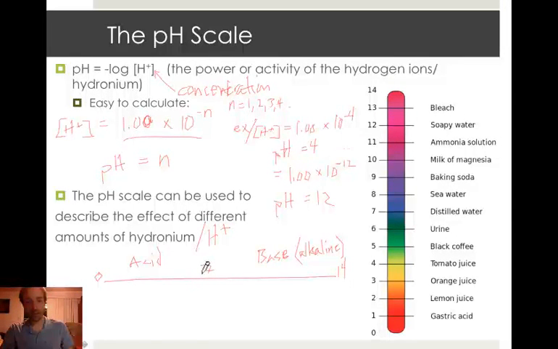Okay, and then what I'd also like you to do is mark the middle as neutral, and then finish up by marking some examples of substances that are acidic or basic or neutral. So for instance, neutral, you could put distilled water. Okay, for bases, you could do things like, for instance, 13 is bleach.